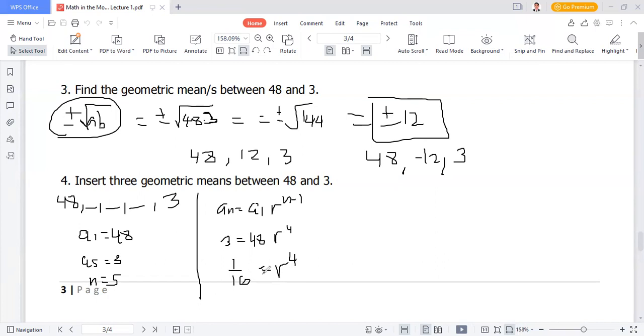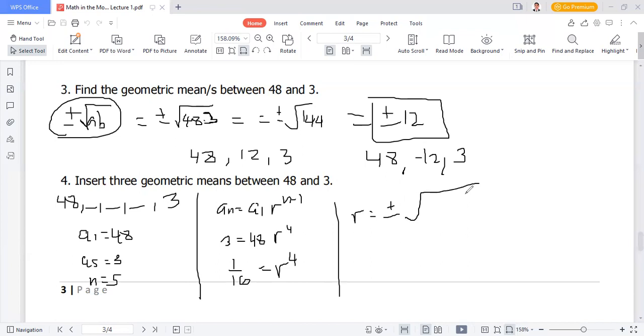And then kunin mo lang yung fourth root niya. Since even, so ang magiging sagot ng r is positive negative kasi even yung exponent. Pag odd yan, pwedeng negative lang, pwedeng positive lang. Okay, depende kung ano tong 1 over 16. Now, so since raised to 4 siya, positive negative.